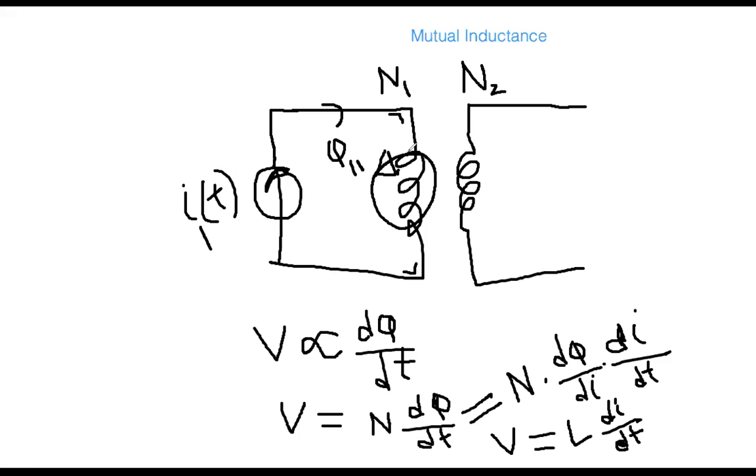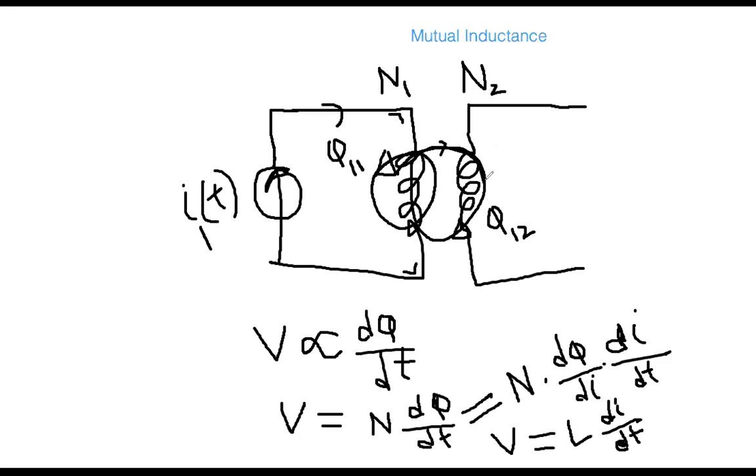And there will be another set of flux that will link both. This one is called phi 1,2. This means another flux which is linking both coils. So phi 1,2 is the common flux or the mutual flux, because I want to show you the mutual inductance.